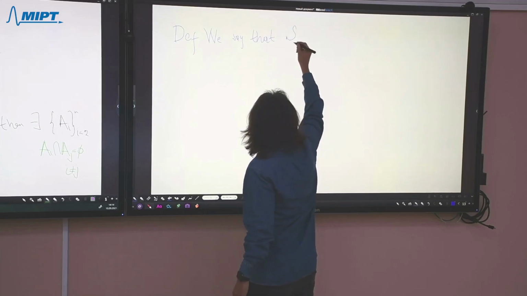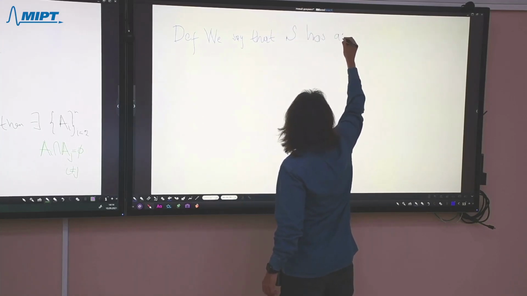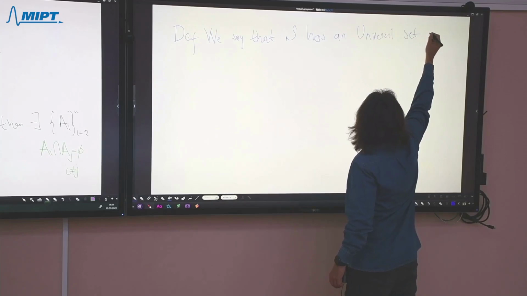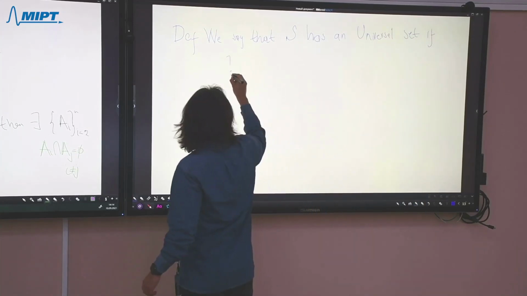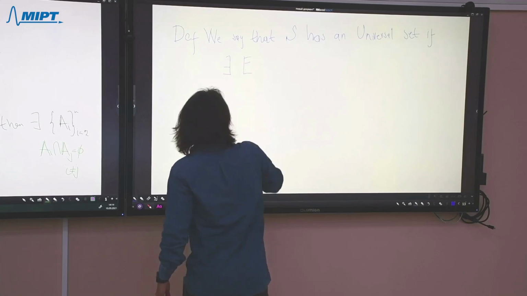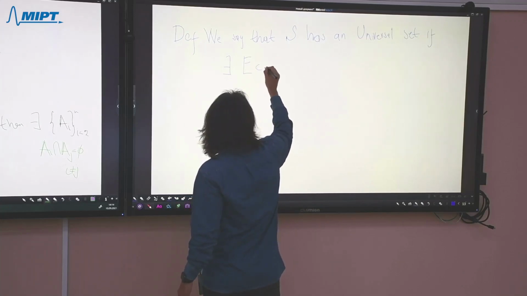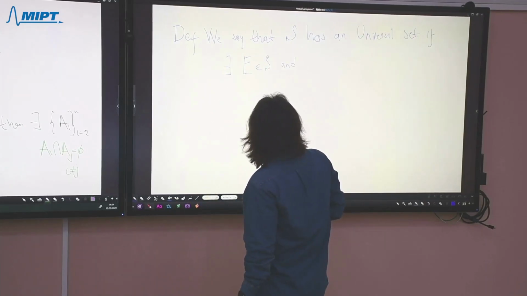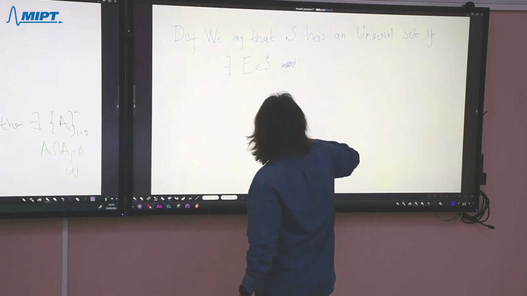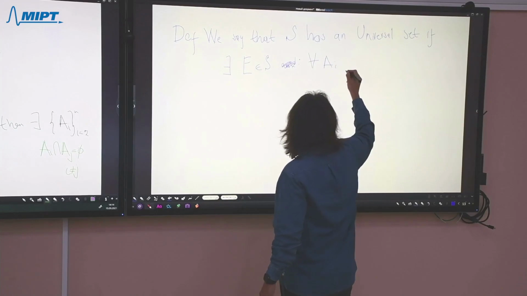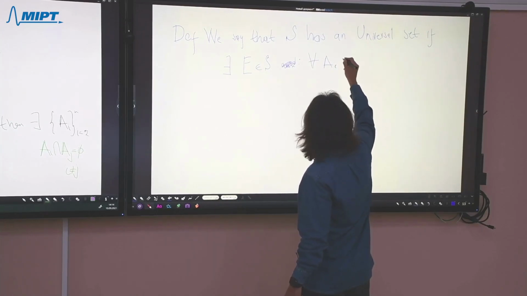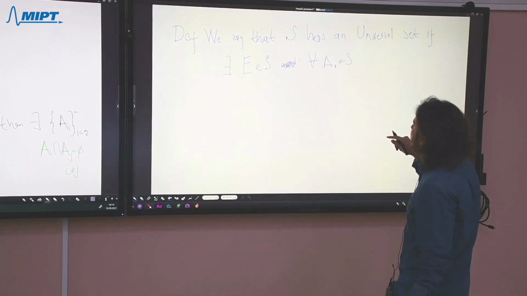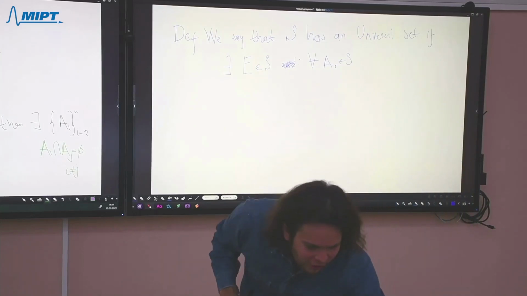S, so a semi-ring, has a universal set if there exists some set E, let's call it E, such that this is a set from S and such that for every A_i in S, the intersection of E, just a second, let me formulate how to say it.